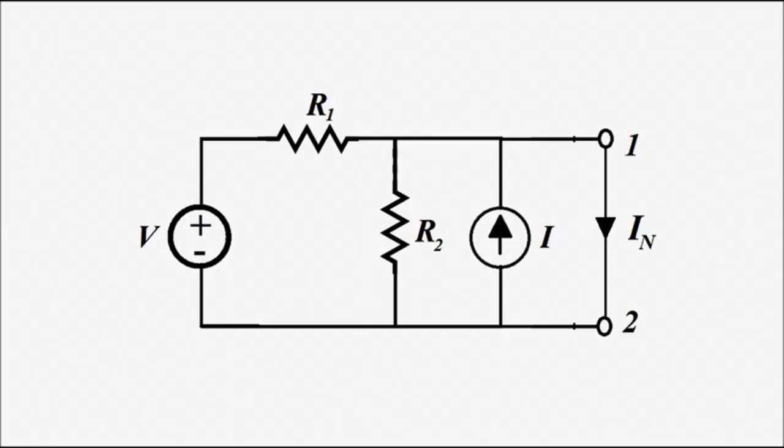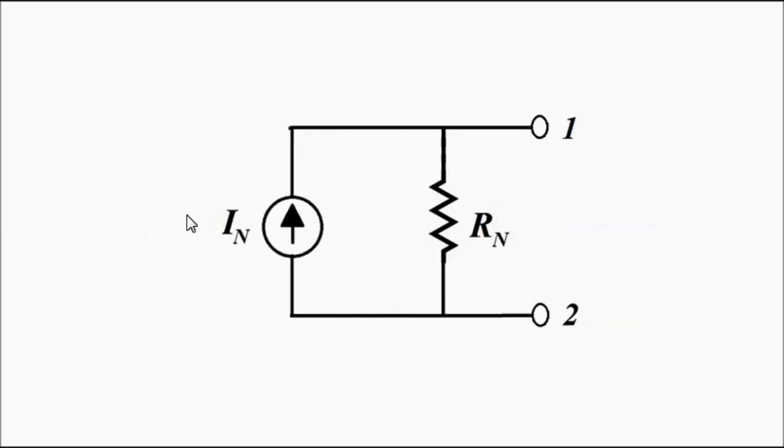So the first step: short circuit them and find the current flowing through the short circuited path. All the sources, independent or dependent, should be intact, they should be considered. Find the current, that is the Norton current. That is the first part done, and we have got IN.